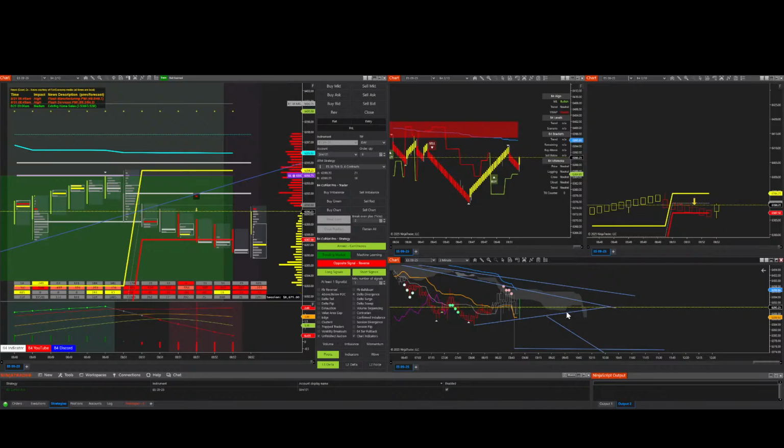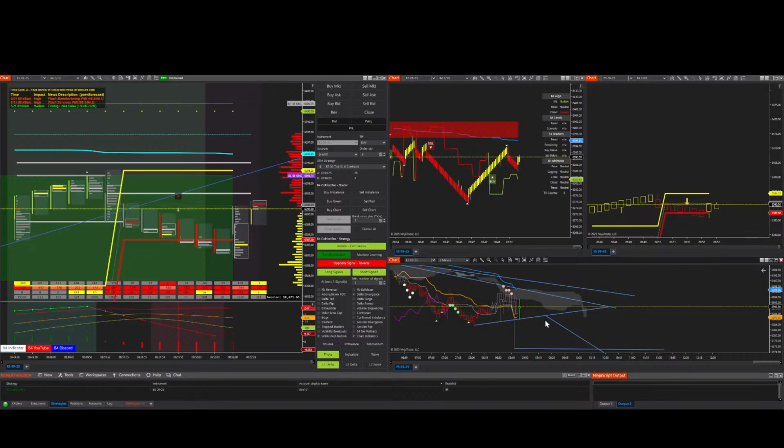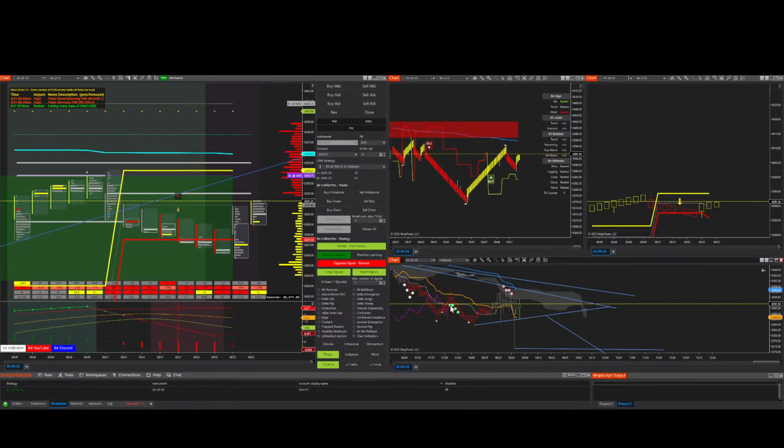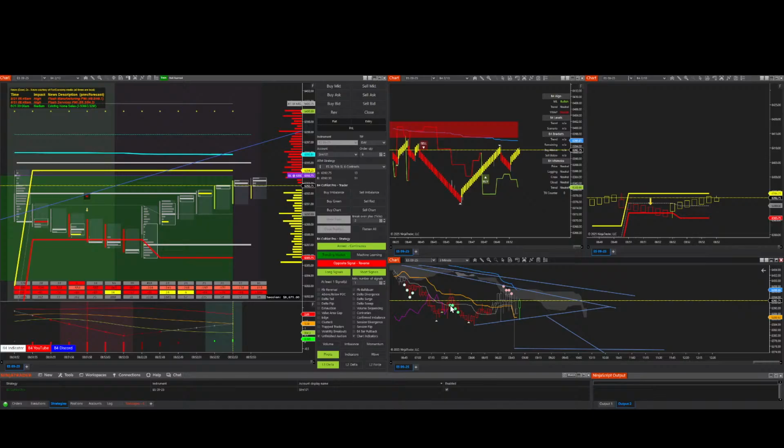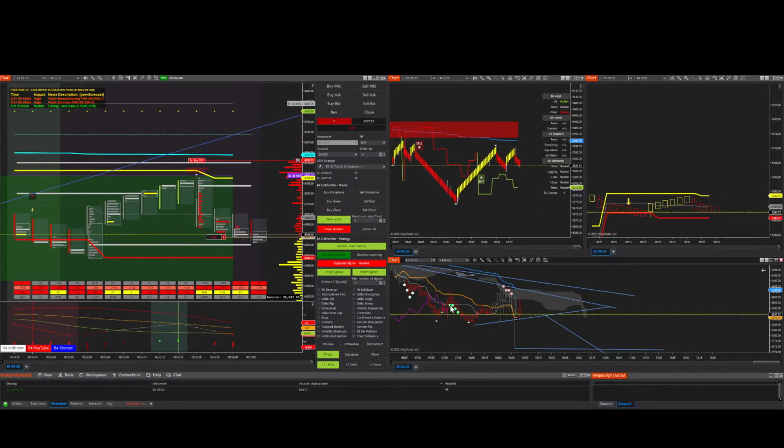We're currently under the cloud, under VWAP. If we can get over the cloud and over the VWAP, we'll be more bullish. Right now, Chikou is still in the candles, under the candles, so it's undecided really. As far as Ichimoku analysis, we need to wait and get on one side of the cloud or the other, one side of the Kijun order filled or the other.